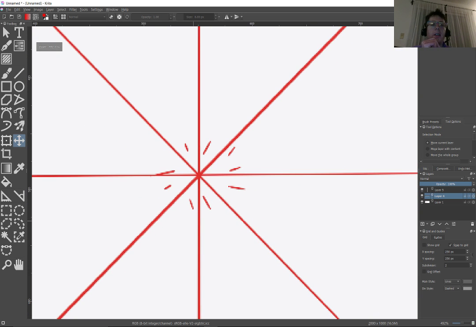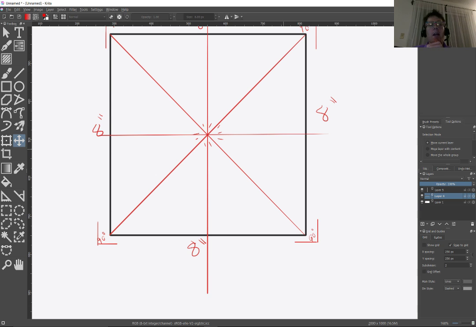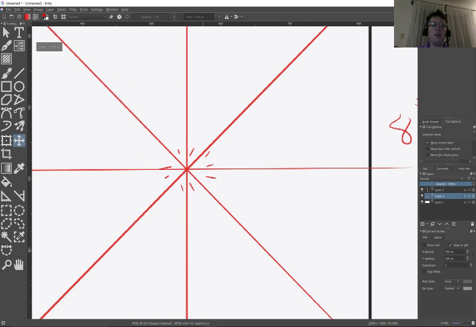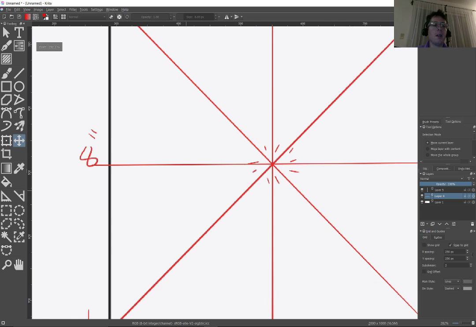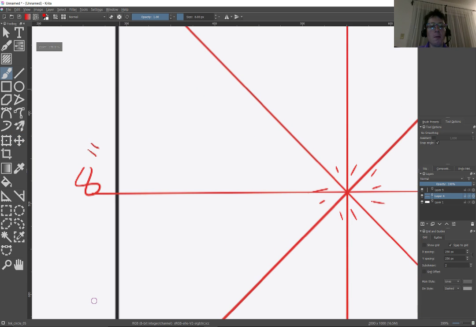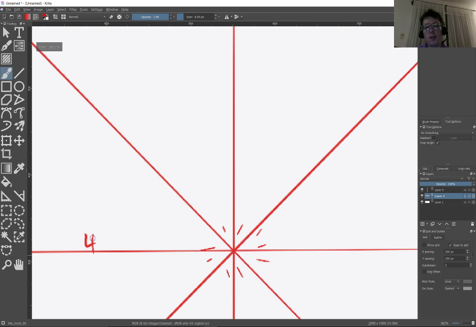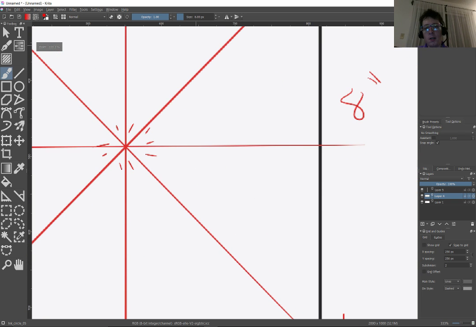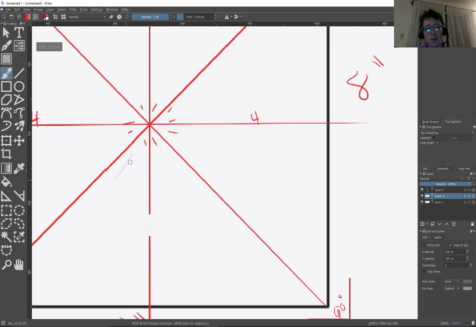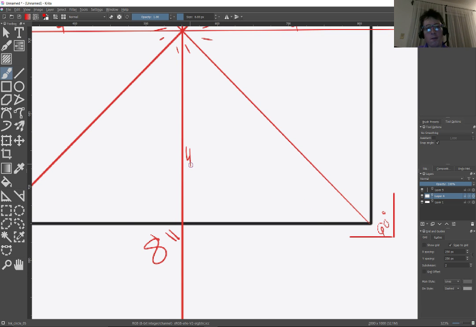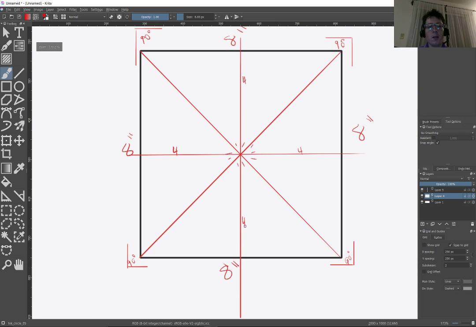So by using these diagonals, we get a mathematically precise thing. Now what's amazing is we also get a bunch of new things we can measure. So if this was 8 inches across, now we can say that this is 4, this is 4, this is 4, and this is 4. All those are 4 inches long.